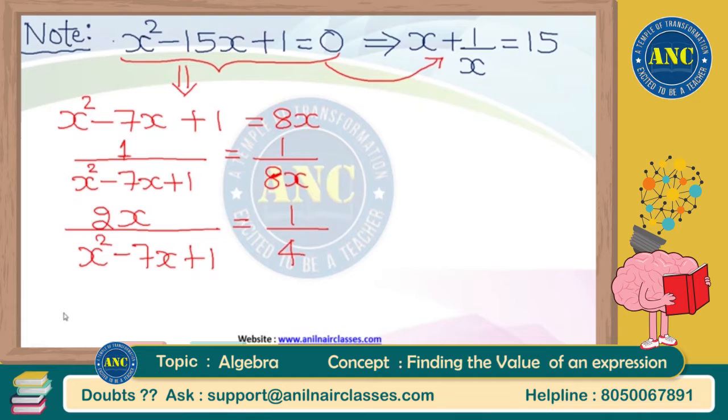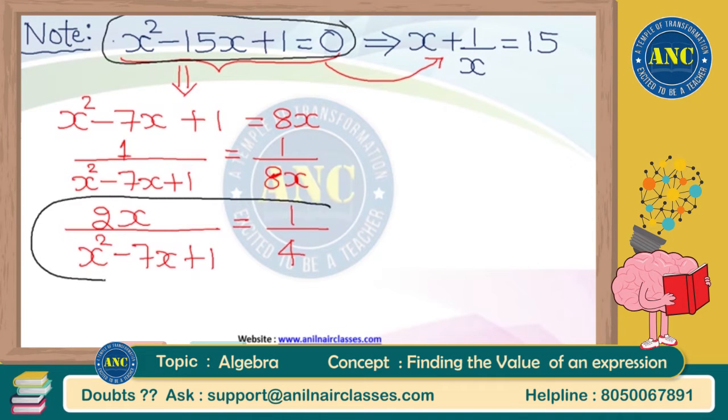That means instead of directly giving you a quadratic equation like this in your question, the question can also be given in this particular format. I hope you are understanding, sir. This can also be the question like this.